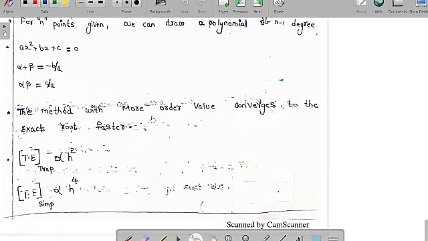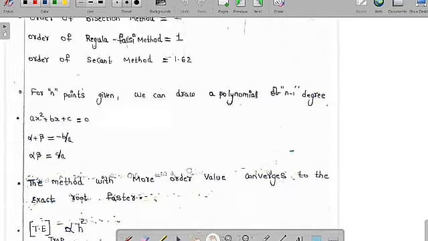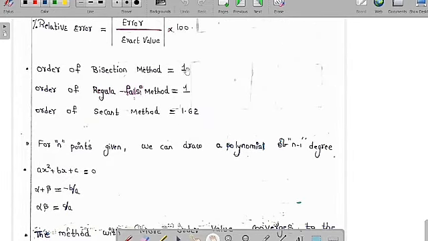The method with a higher order value converges to the exact root faster. You can see clearly the order of the bisection method is 1, the order of the regula falsi method is 1, whereas the order of the secant method is 1.62.